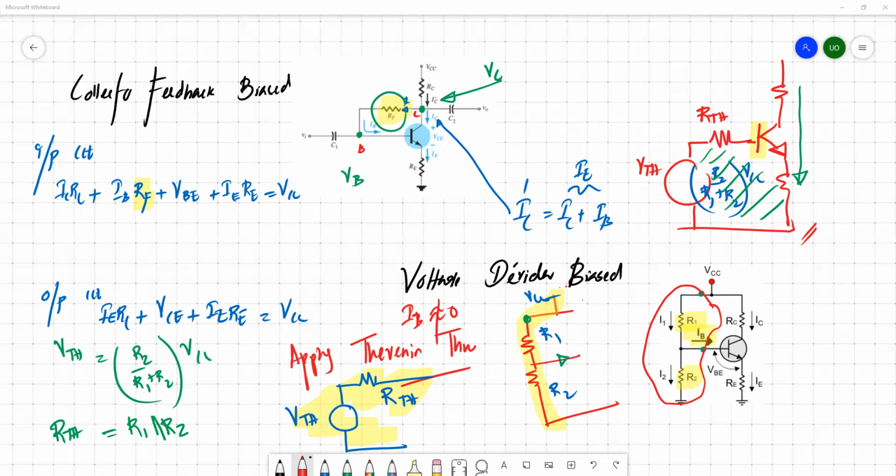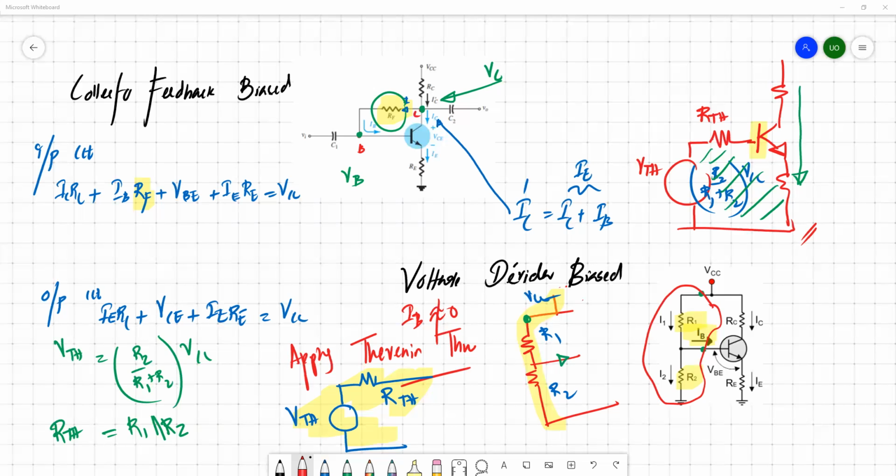The negative span is from the saturation collector emitter junction voltage to VCC by 2, and the positive span would be VCC by 2 to VCC. So this ultimately ends up with a very equal span for the positive and negative directions.